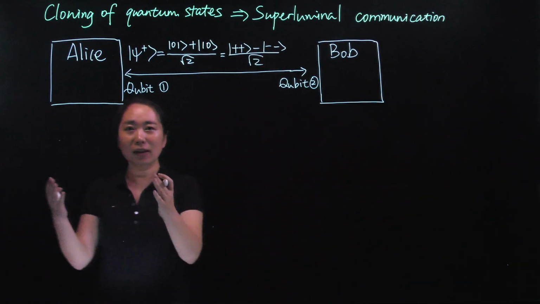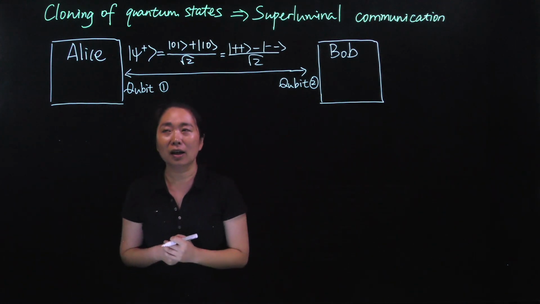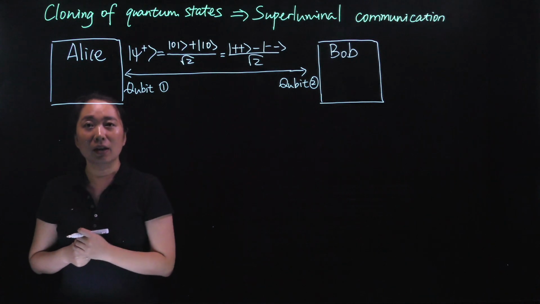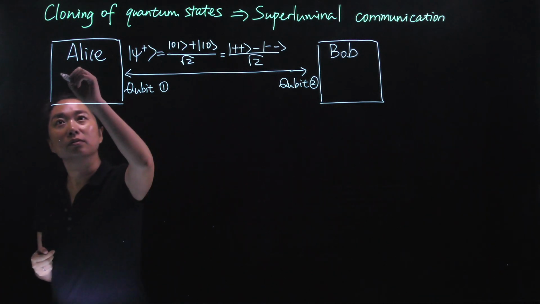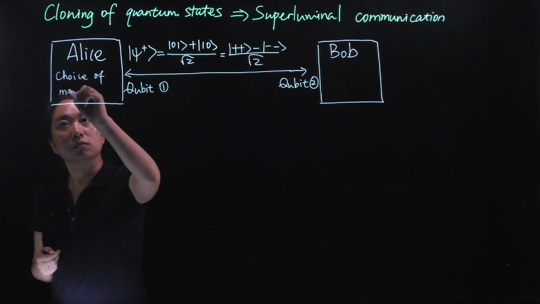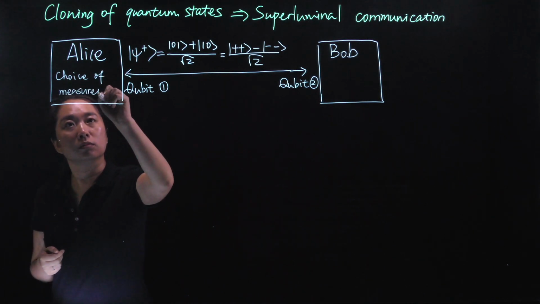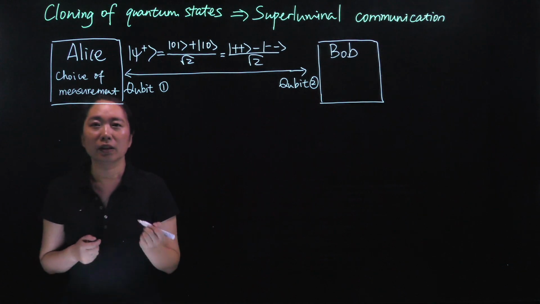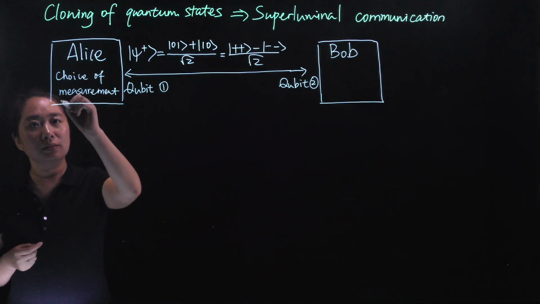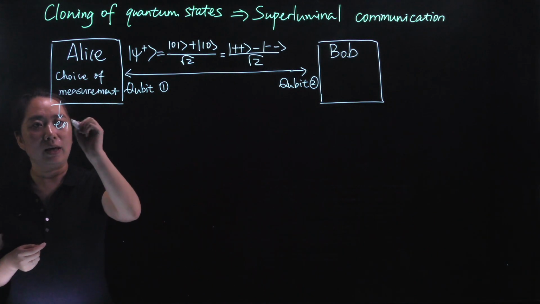So what Alice is doing on her side is now encoding her information in her choice of measurement. She will have two different choices to measure the system. So this is her encoding.